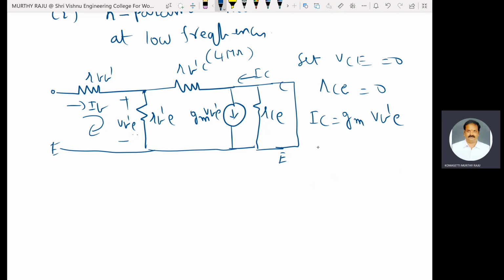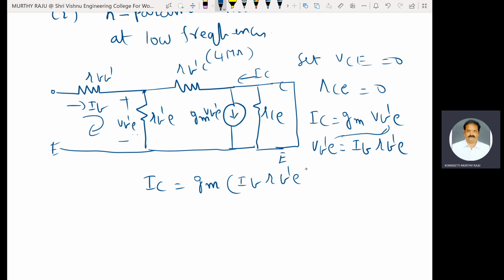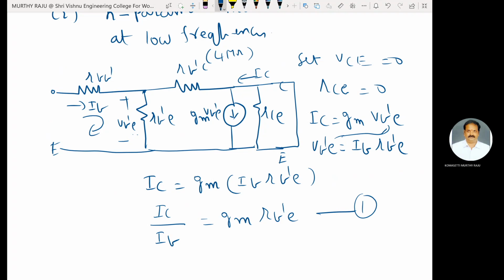Therefore, VB dash E is equal to IB into RB dash E. Therefore, IC is equal to GM into VB dash E, substituting VB dash E as IB into RB dash E. IC by IB is equal to GM into RB dash E. This is the equation.